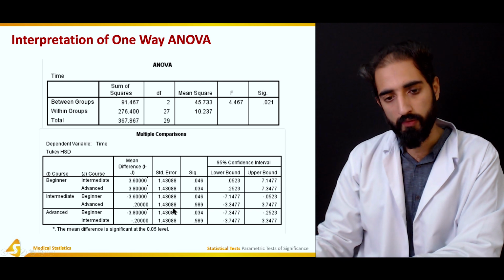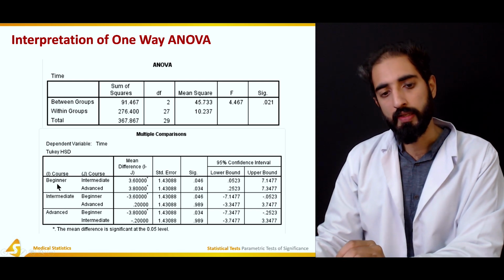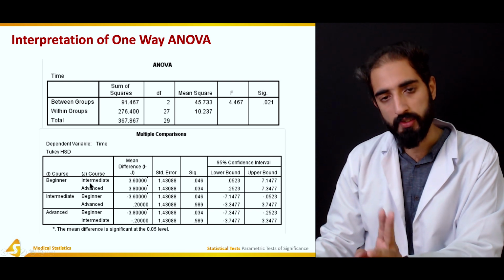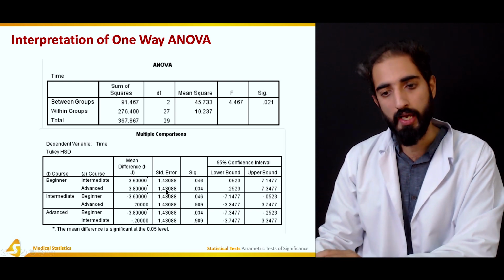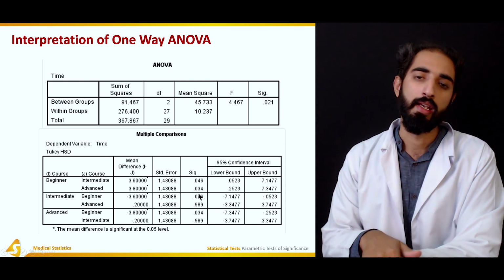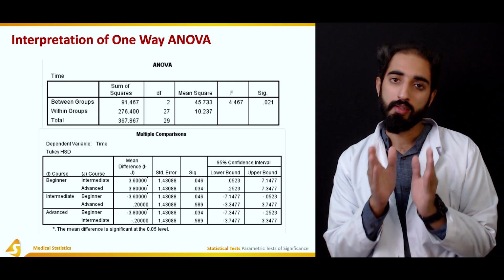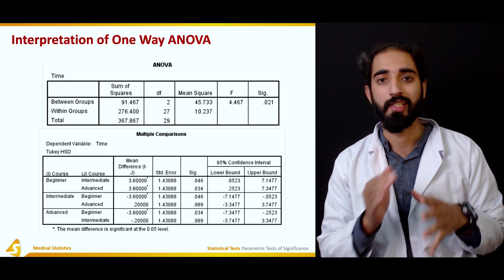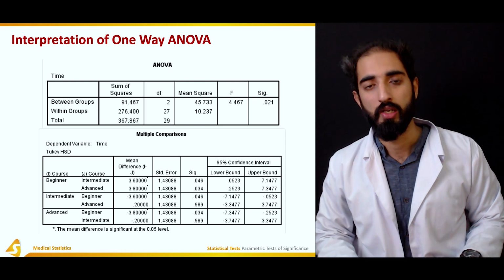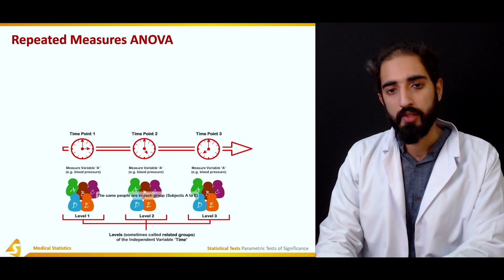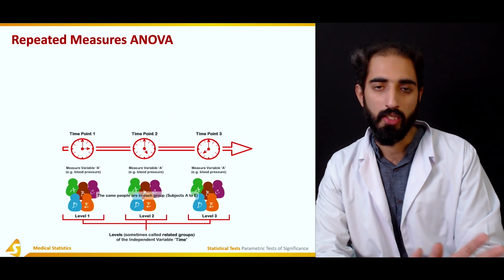For example, there are 3 groups, and every group is compared with every other group, and a separate p-value is given for all of them. So that gives you which 2 groups are statistically significantly different from each other in the complete analysis. So for post-hoc analysis, you can just do that. So that was all about the one-way ANOVA.